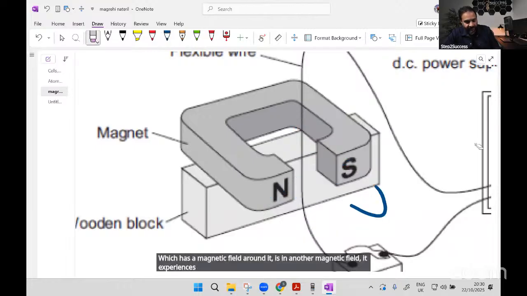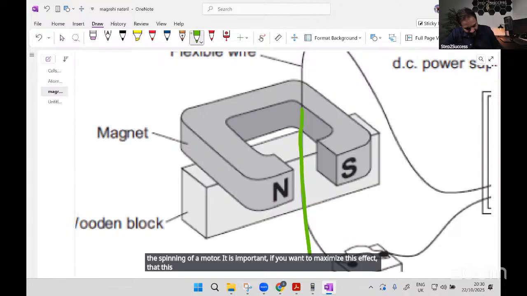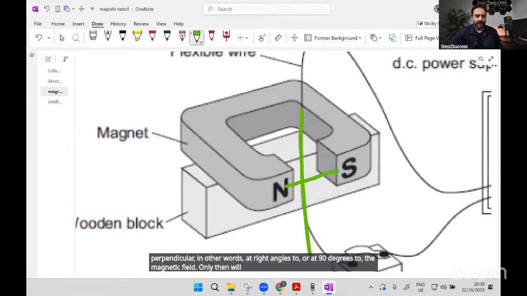It moves by itself, and that's what leads to the spinning of a motor. It is important, if you want to maximize this effect, that this wire is perpendicular, in other words, at right angles to, or at 90 degrees to, the magnetic field. Only then will you get the biggest force.